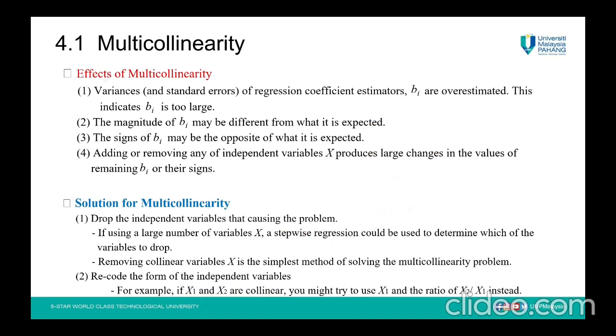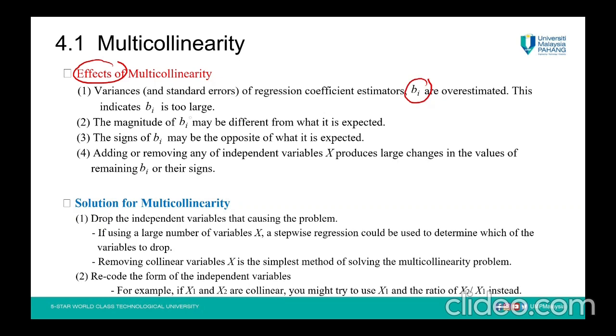There are four main effects due to multicollinearity in the model of regression for data. The effects are shown here. The first one, variances or standard errors of regression coefficient estimator BI here will be overestimated. This means that BI will be too large.